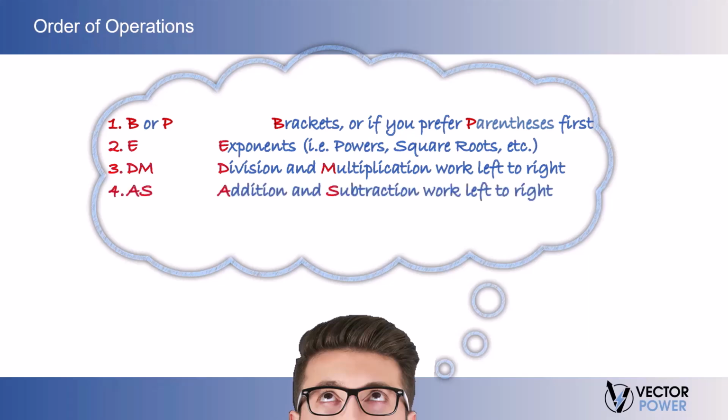Fourth, addition and subtraction. Once again, we work from left to right. So, that leaves us with BEDMAS or PIDMAS as your little reminder of the steps or the order of operations.